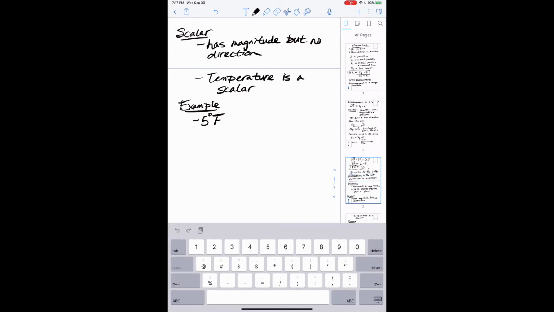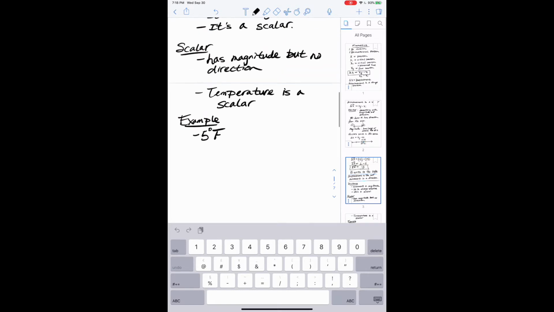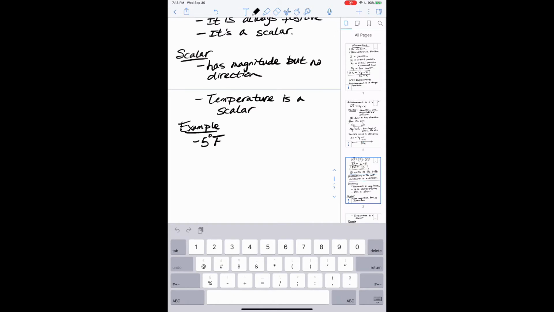When we say direction, we mean that it does not point in three-dimensional space. So I can add that here. So you couldn't say 5 degrees Fahrenheit east. You couldn't say 5 degrees Fahrenheit left.